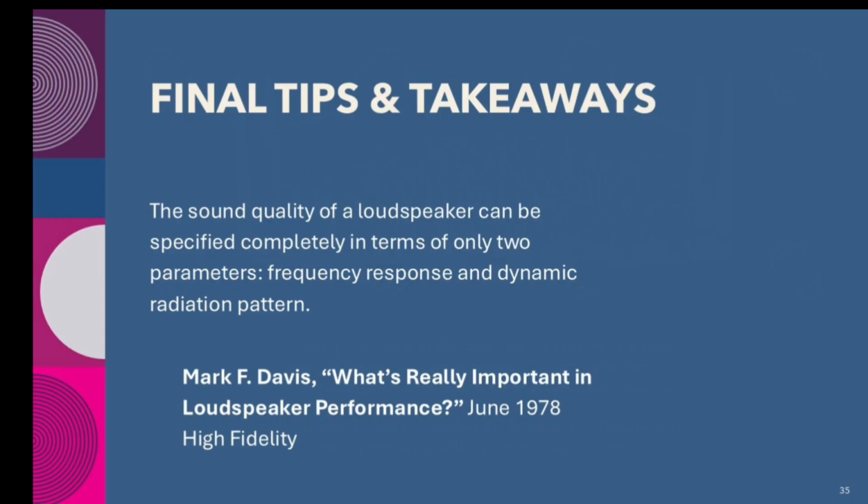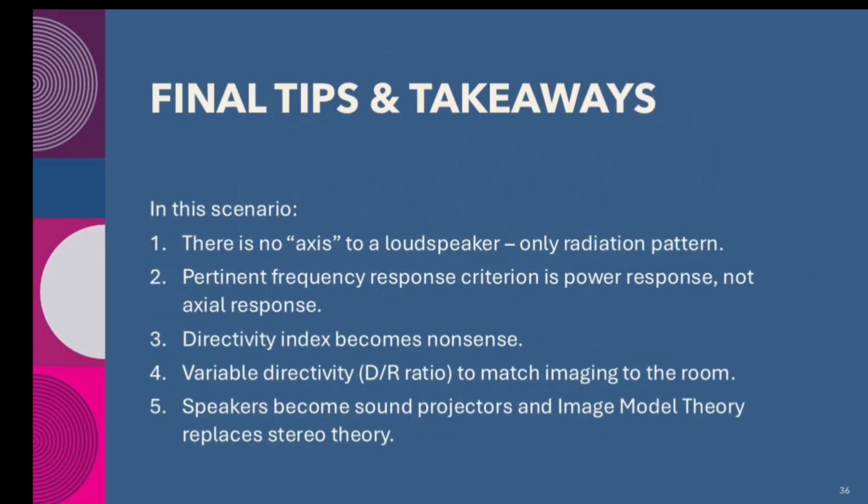By dynamic, we mean a variable direct to reflected ratio and a flat power response in the room. In this scenario, there is no axis to a loudspeaker, only radiation pattern. The pertinent frequency response criterion is power response, not axial response. The directivity index becomes nonsense.